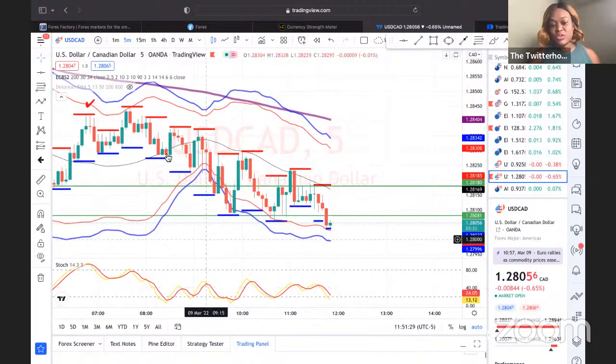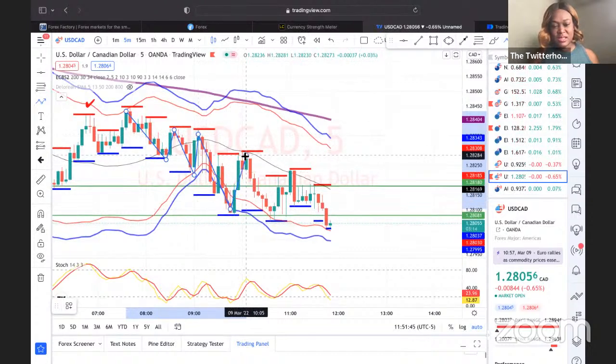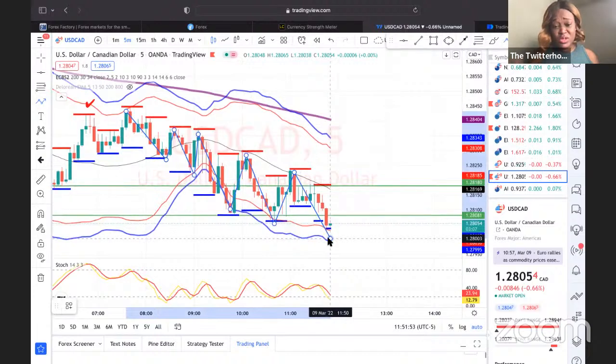Or like you can see here, price comes down, pull back, price comes down, pull back. So we're looking for a pullback. It makes sense, right?